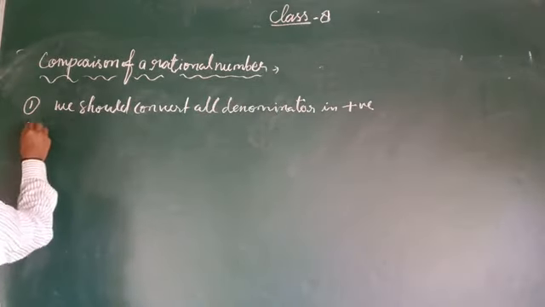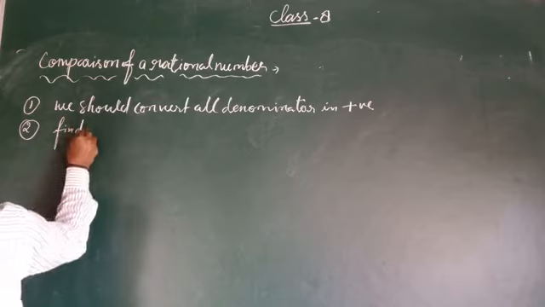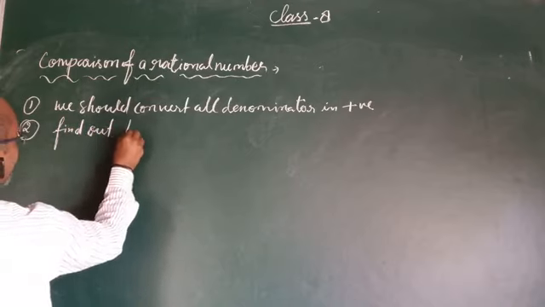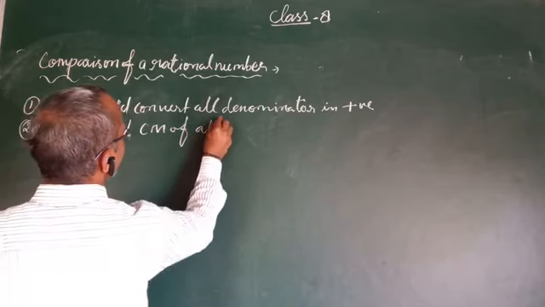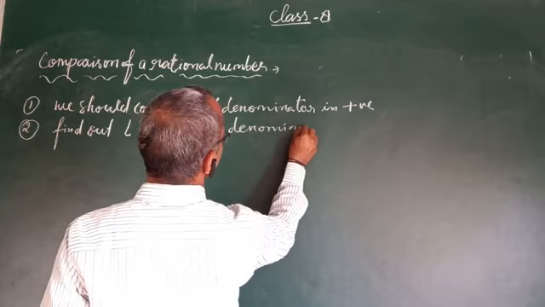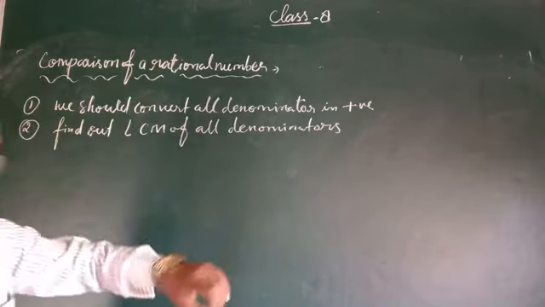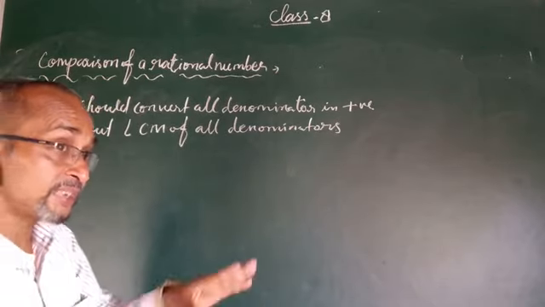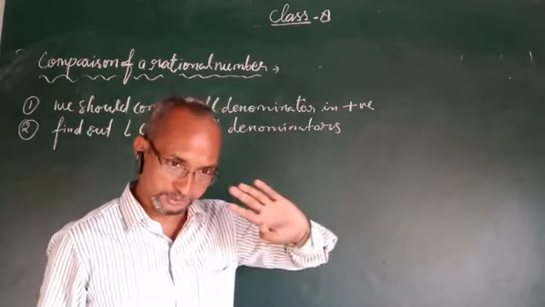Second step, find out the LCM of all denominators. In the first step, if a denominator is given negative, then you have to convert it into positive.